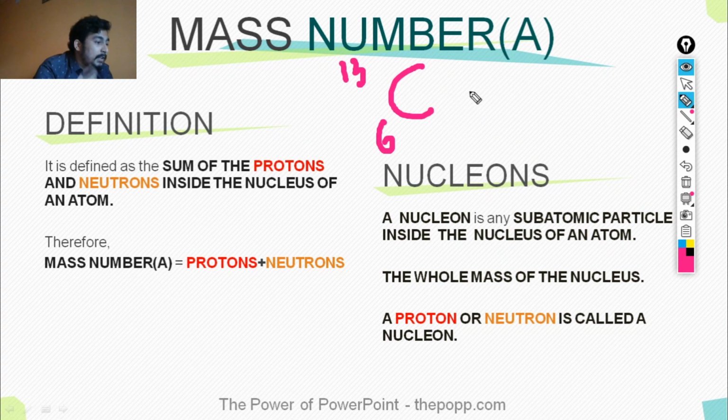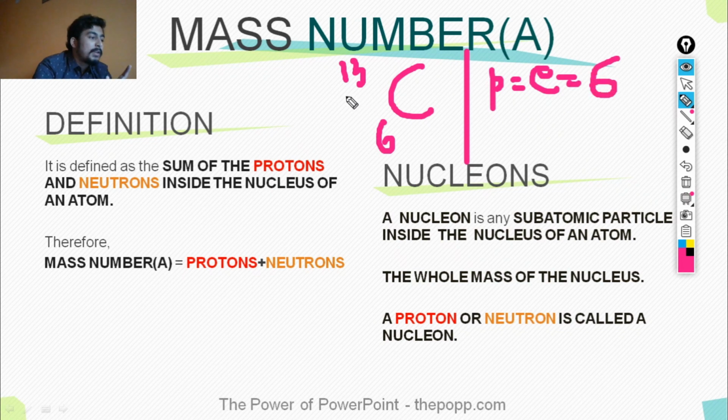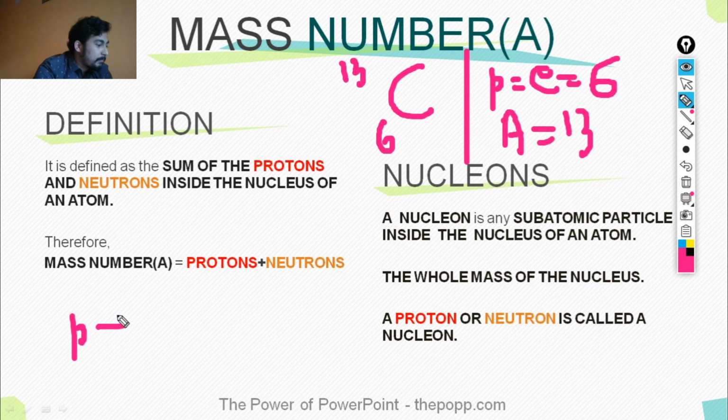Here, the atomic number is 6, therefore protons equals electrons equals 6. The mass number is 13, A equals 13, which means protons plus neutrons equals 13.